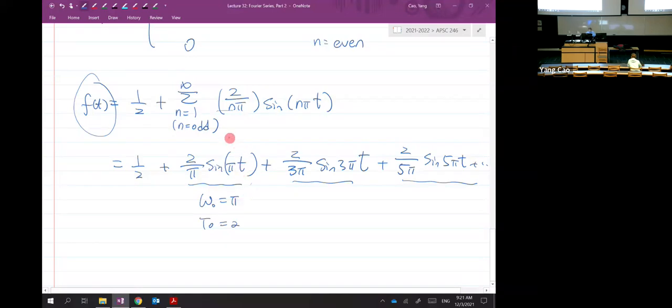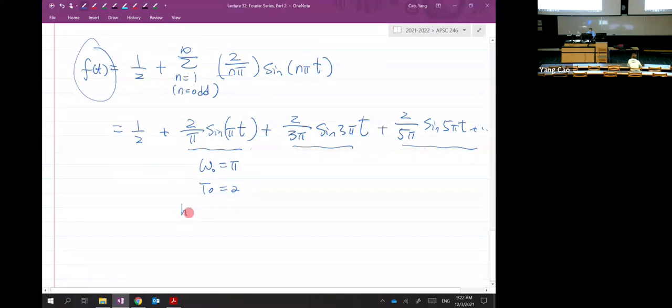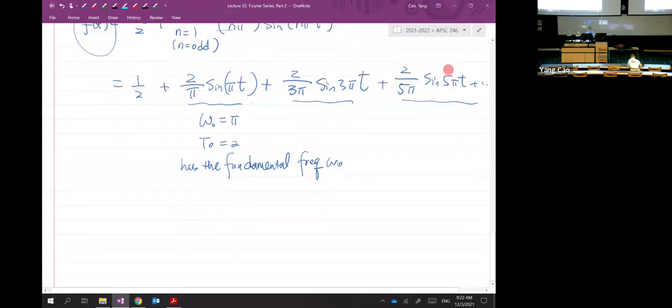So the first sine term here has exactly the same, what we call the fundamental frequency, omega naught. Is that good? Yeah.